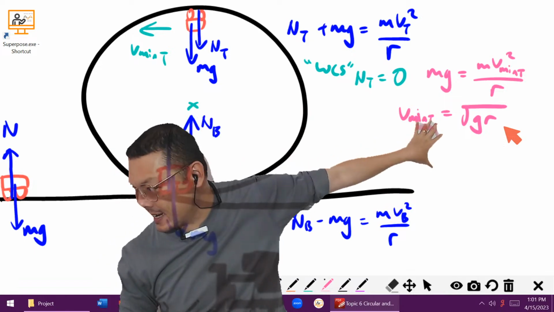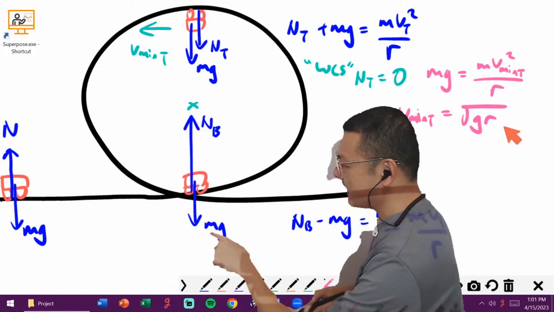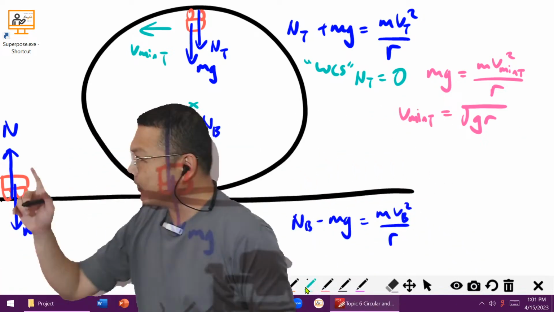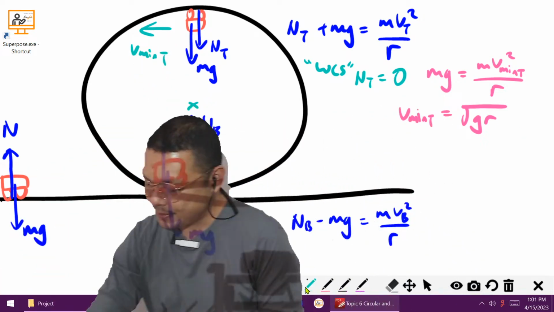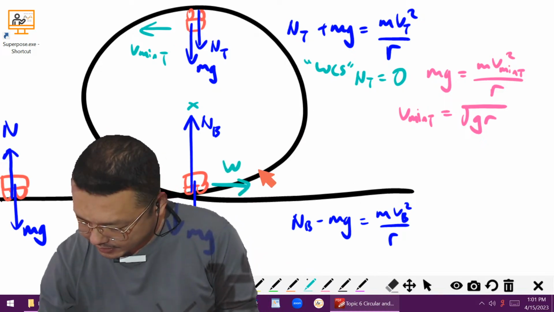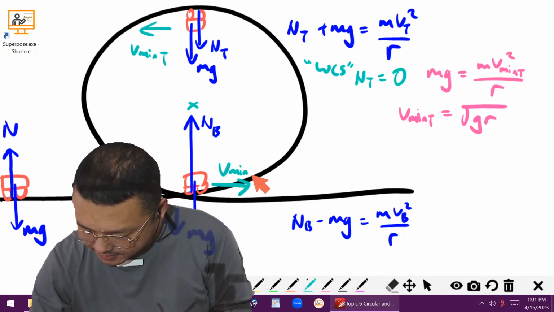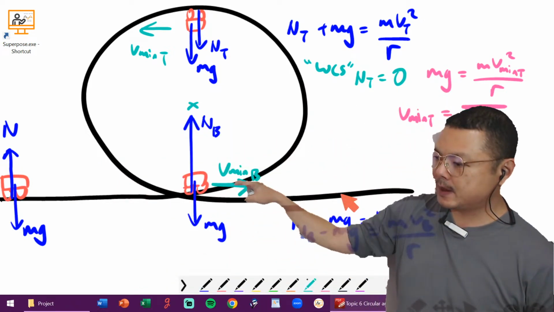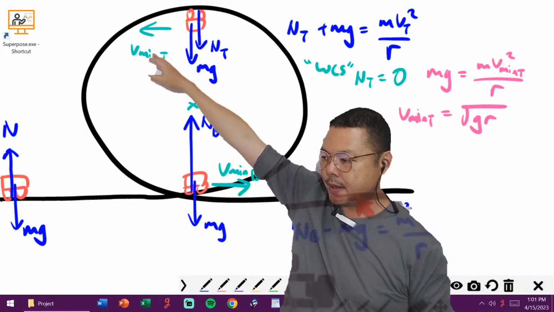No problems here. The tough one is this: find the minimum speed at the bottom, V min B, so that you can get the minimum speed at the top.